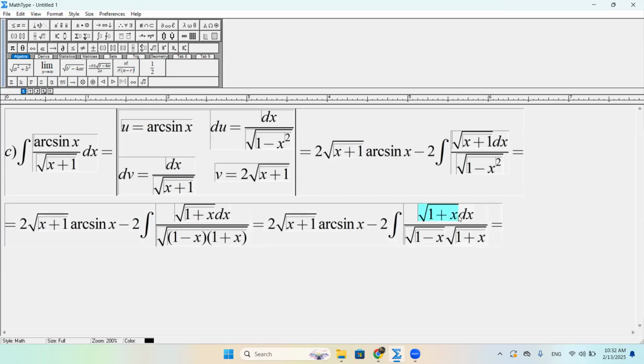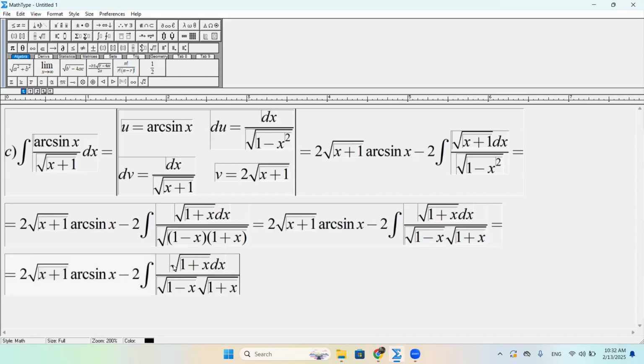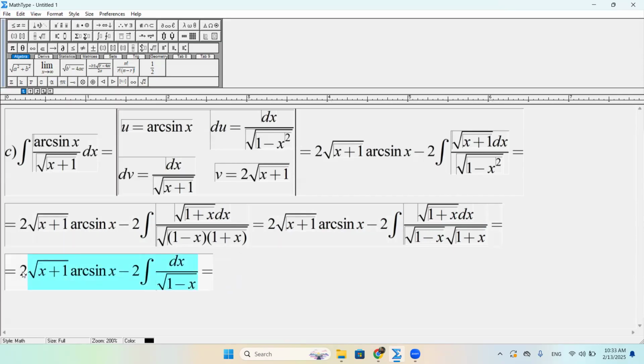So we can cancel the square root of 1 plus x. And what do we have here? We will use the differential entry technique. So I will write plus here, and here we have the differential of 1 minus x.